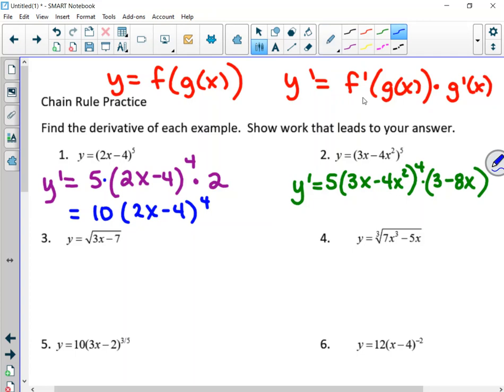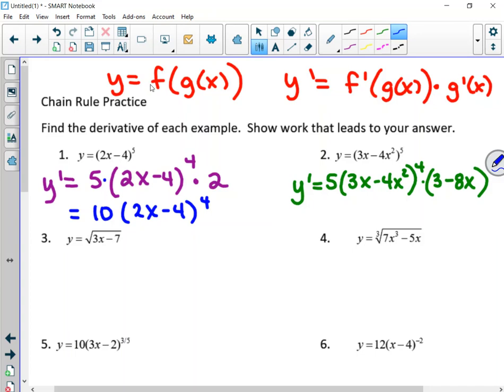Since we're only talking about one kind of f function, which is basically having something raised to a power, we're only looking at this one specific type of chain rule problem. But if you Google it, or go on Khan Academy and look up chain rule problems, you'll see a lot of different scenarios depending on what the f function is.